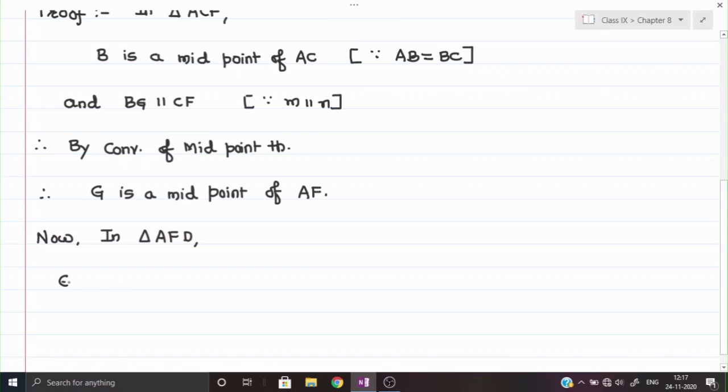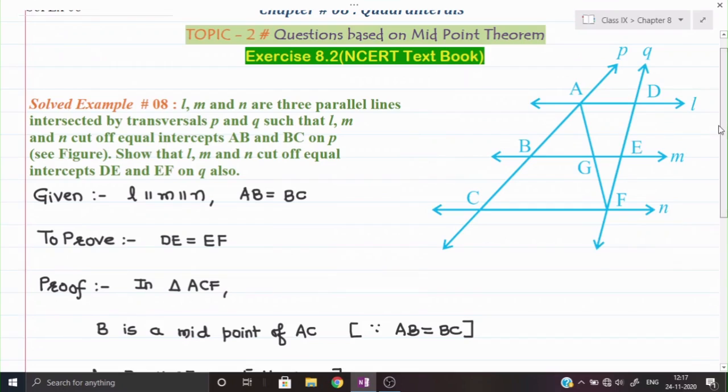So we'll say that G is a midpoint of AF. Reason can be given here, proved earlier, because we have proved in the earlier section, so can be written here as proved earlier.